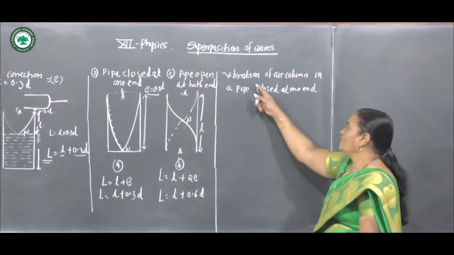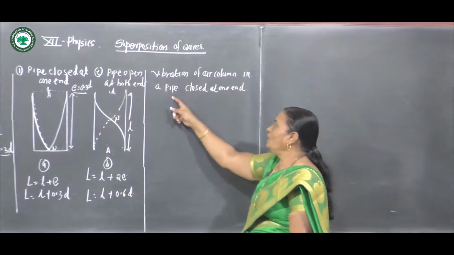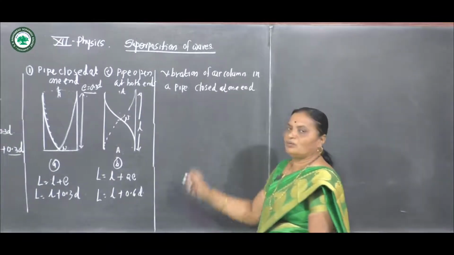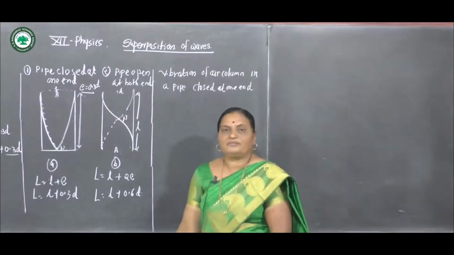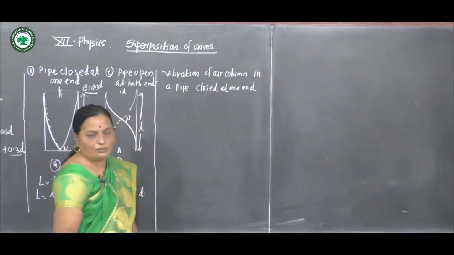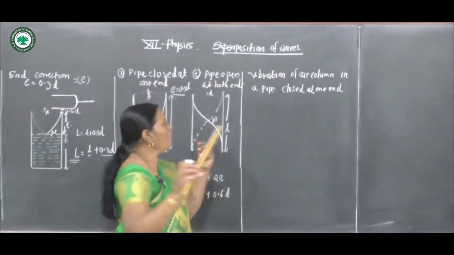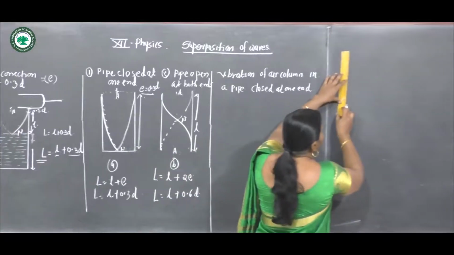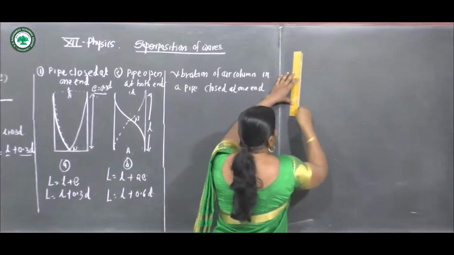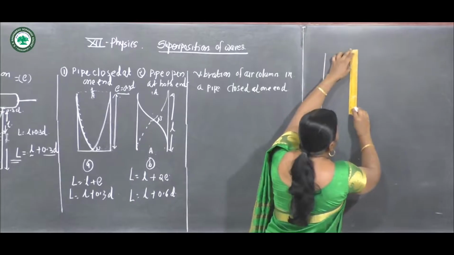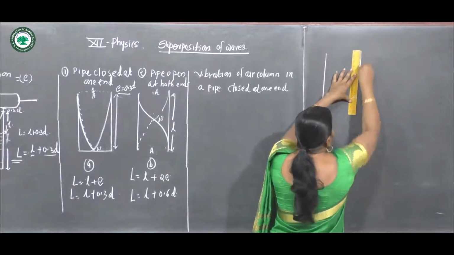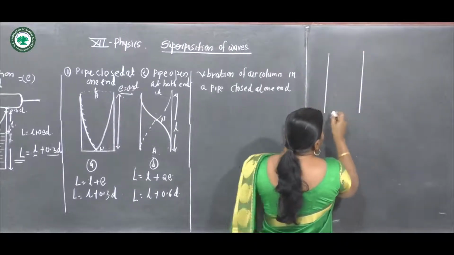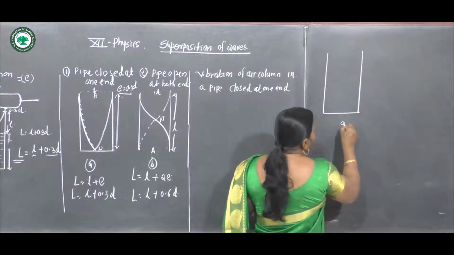Now we see the vibration of air column in a pipe closed at one end. Now we draw the figure. In this figure we consider the three conditions or three figures. This is the first fundamental mode. The pipe is closed at one end.